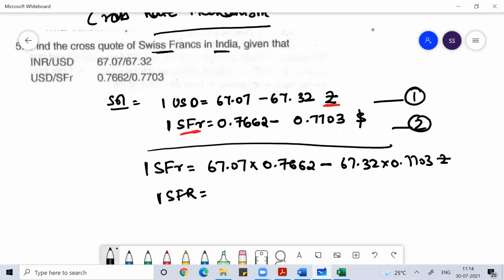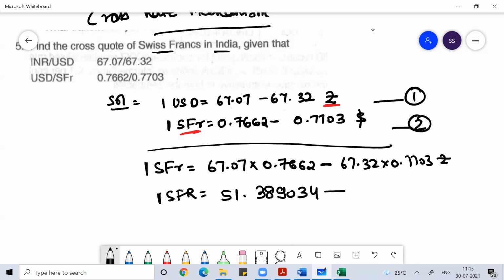So if you multiply them, let's use the calculator. 67.07 into 0.7662 is 51.39034.